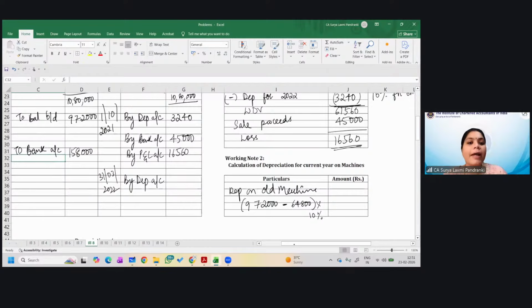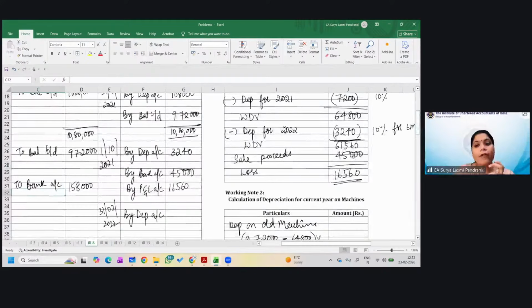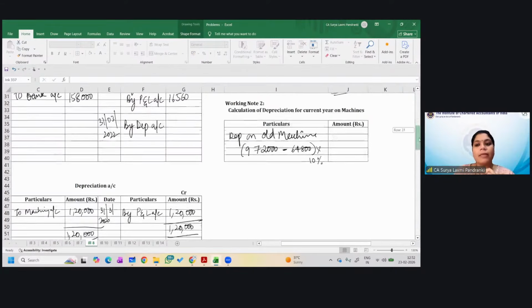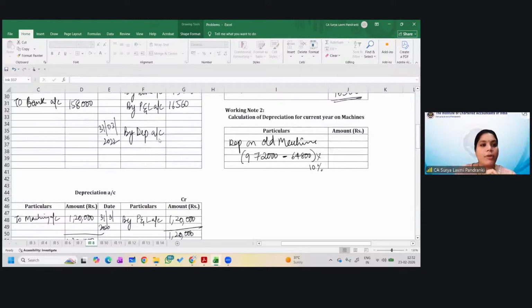This is clear how I am calculating the depreciation for old machinery. In old machinery, the carrying value is 9,72,000. But a part of that machinery was sold. What is the part of that machinery which was sold? The carrying value of that is 64,800. We have calculated here also. So I'm taking that into 10% will be depreciation on the old machinery. How much is this value?